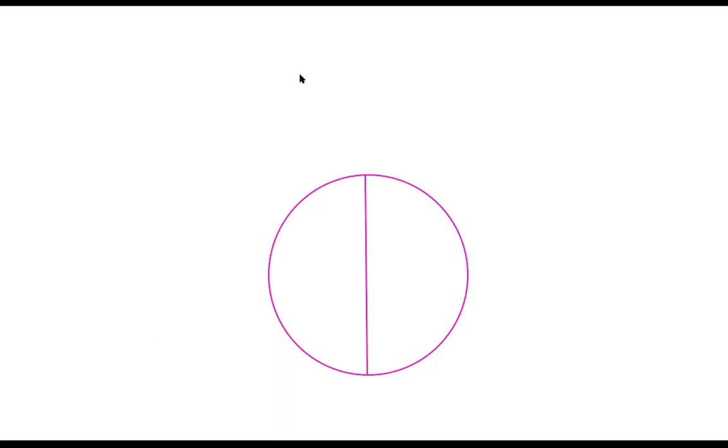So this entire circle is total variation in y. Some of that variation, your model will be able to explain. This is the portion of the total variation your model is able to explain. And then the remainder is simply the portion that your model is unable to explain.